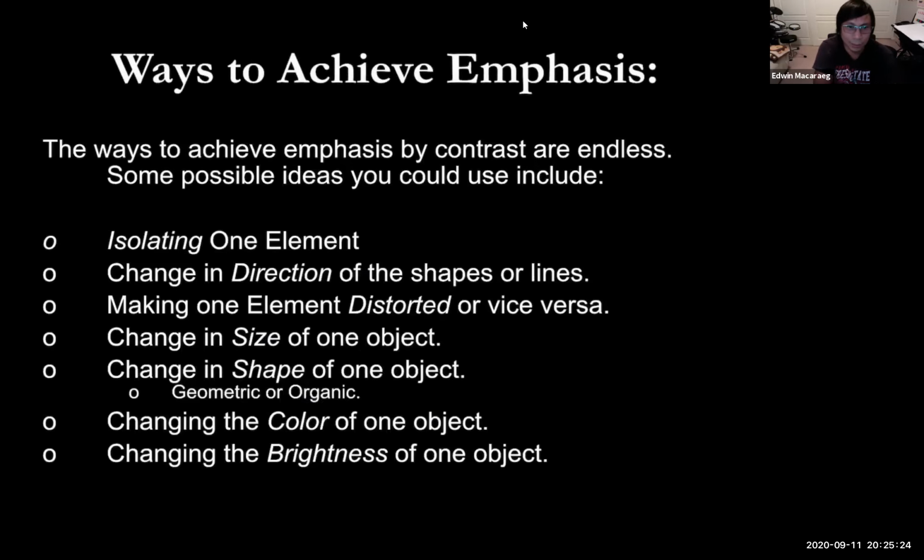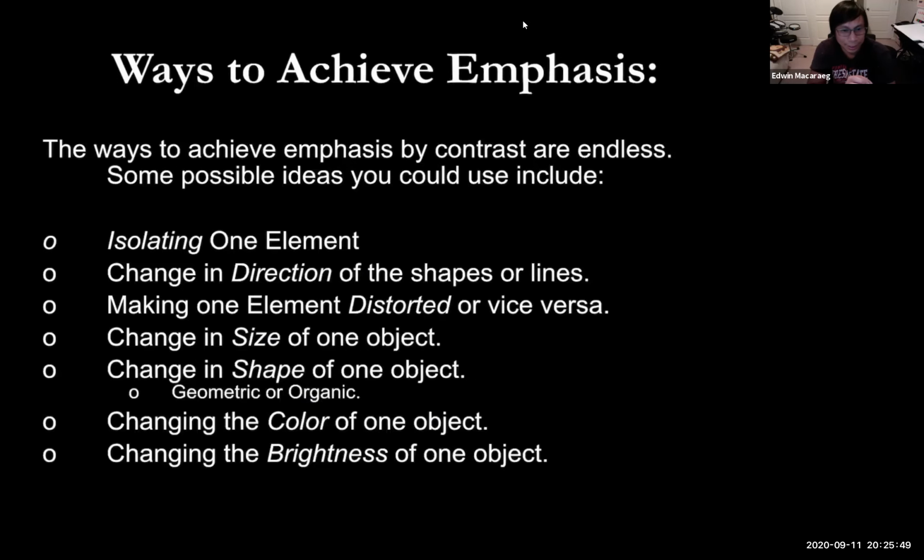Okay, and so when it comes to achieving emphasis, here is a list of ways to achieve that. You can isolate one element, you can change the direction of shapes or lines, you can make one element distorted or vice versa.